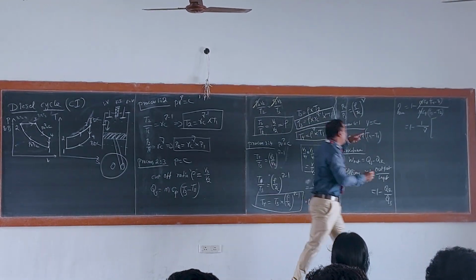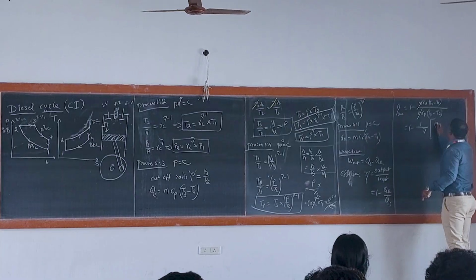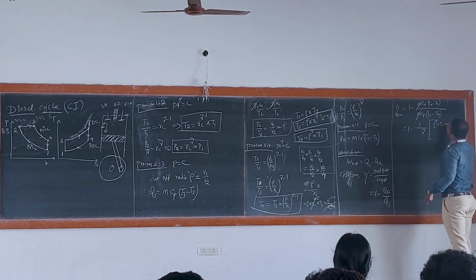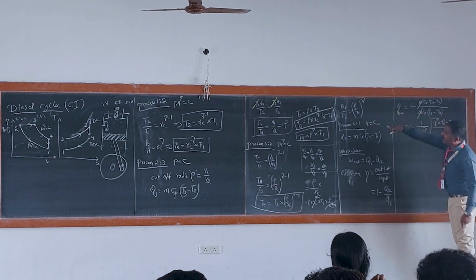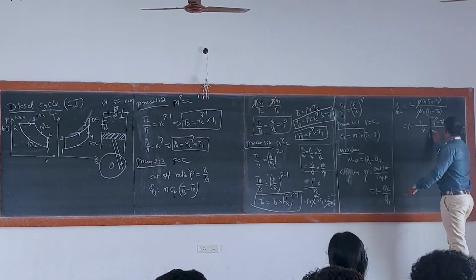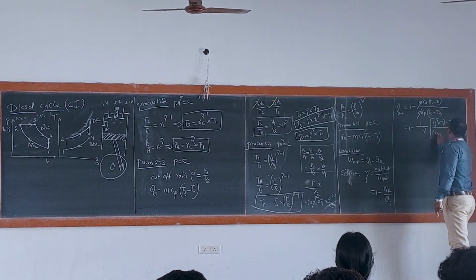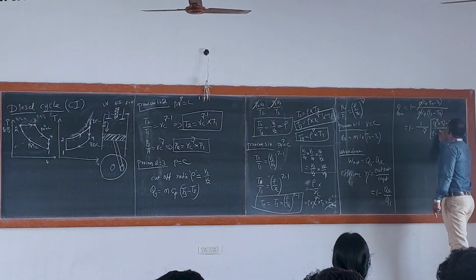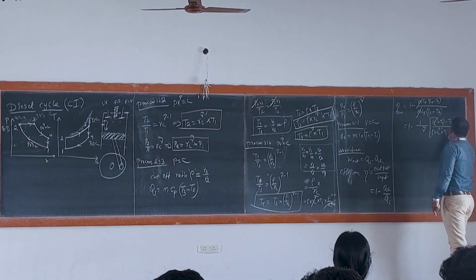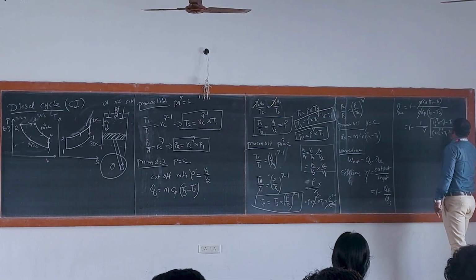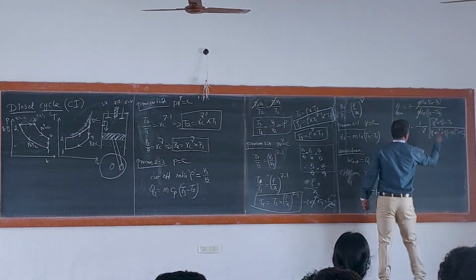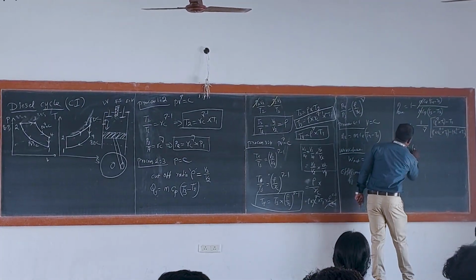Now substitute: T4 is rho power gamma into T1 minus T1, divided by T3, which is rho into rc power gamma minus 1 into T1. T2 is rc power gamma minus 1 into T1.